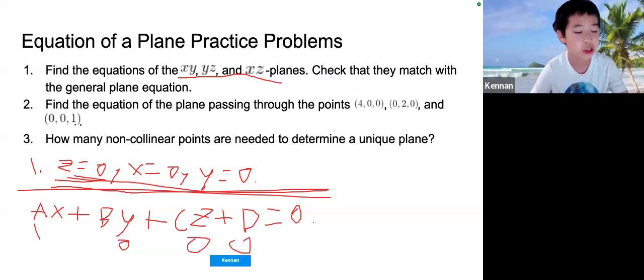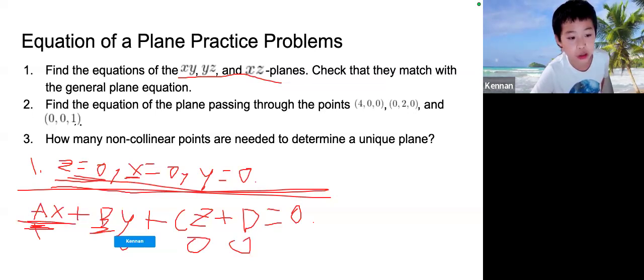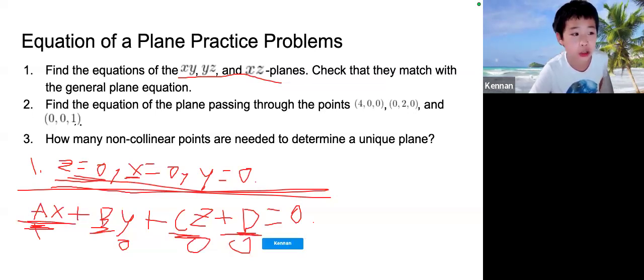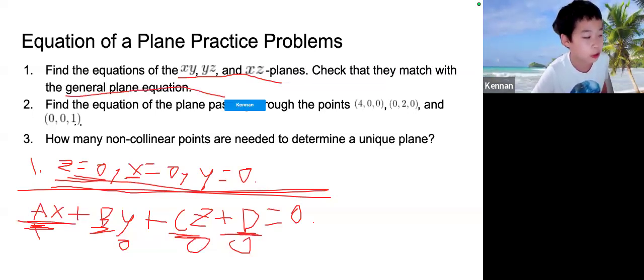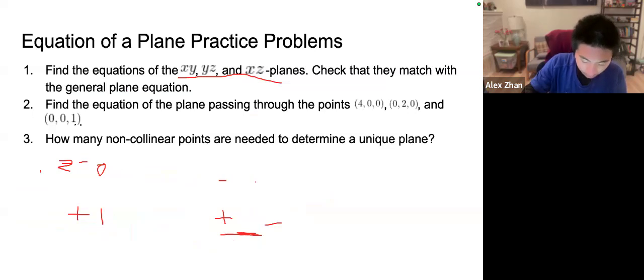Anyways, you can see by assigning some coefficients, we can let the variable we want have coefficient 1, and all the rest be 0, and that's how we know it matches with the general plane equation.